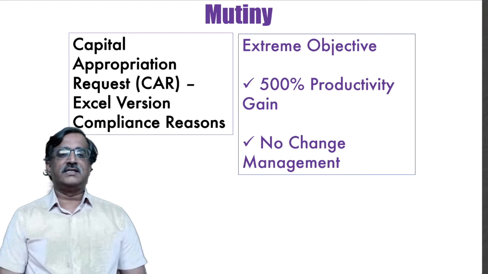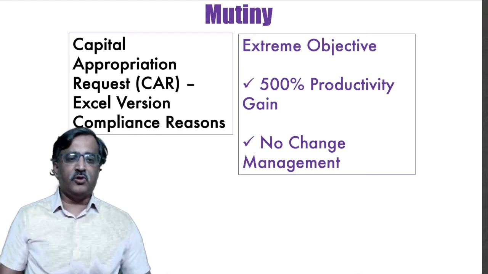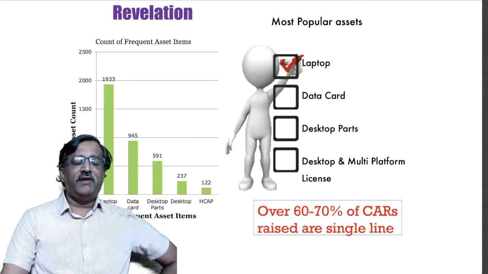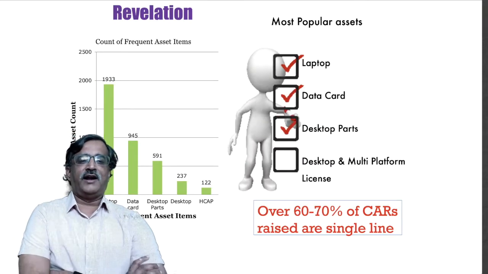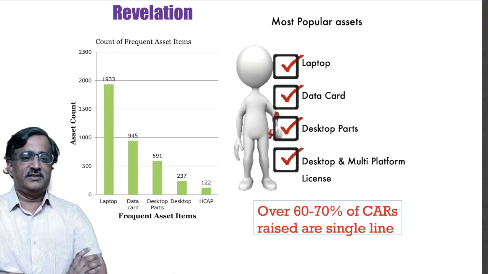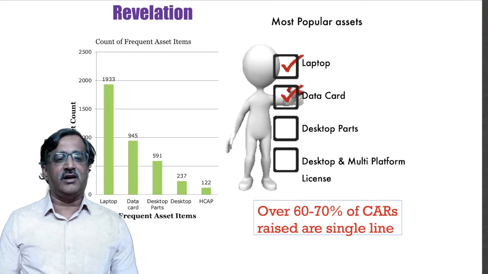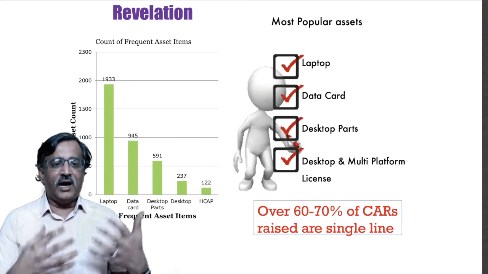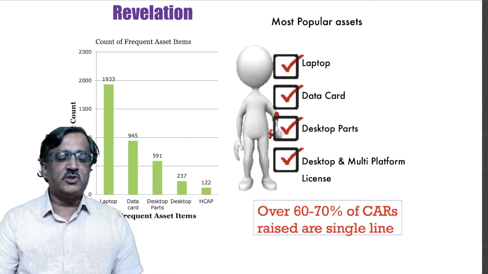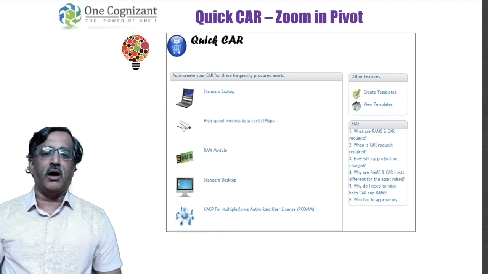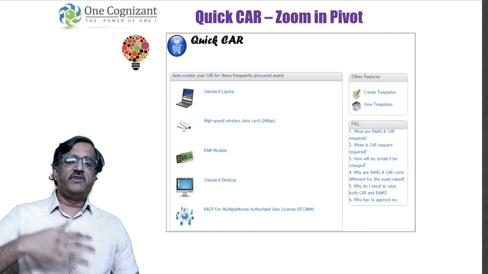Why I like this example is because the team took this upon themselves and they did something very interesting. They went into the data and looked at it and it revealed something very interesting. It turns out 60 to 70% of the CAR requests were single line CARs. Now, armed with that knowledge, you would also design something similar, which they called the quick CAR, which used a wizard-like layout.